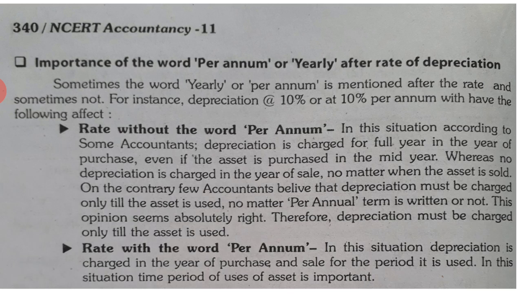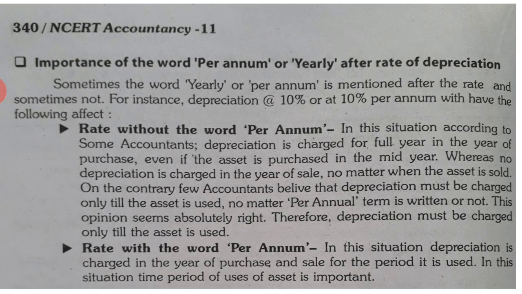Remember my point. Depreciation will not be charged for the full year if any rate percent is having the per annum word or annually. If such word is added to this, then depreciation will be charged only for that much period of time for which it was in use.